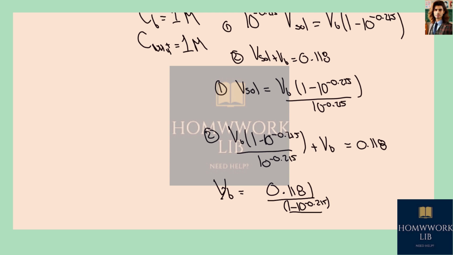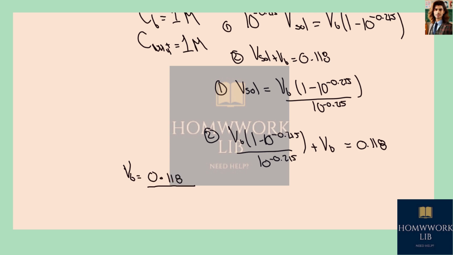Well, actually over here, it would be multiplying times 10 to the minus 0.215. Yeah, sorry about that. Let me make some space over here to make it accurate. So we would get that the volume of the buffer is going to be equal to 0.118 divided by a very big factor that is 1 minus 10 to the minus 0.215 over 10 to the minus 0.215 plus 1.